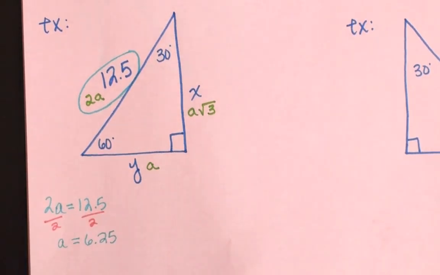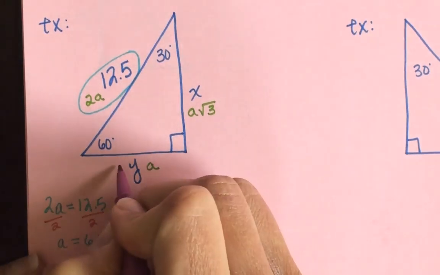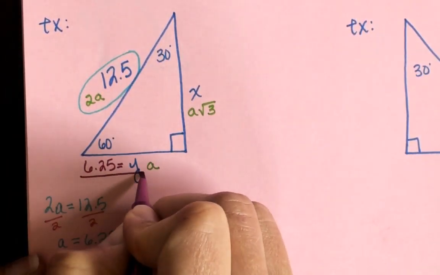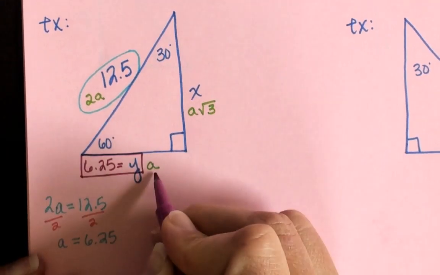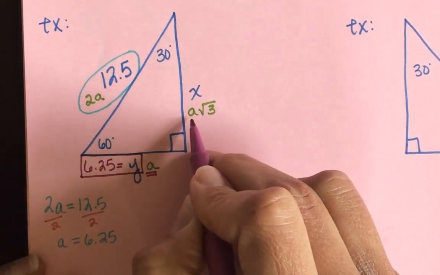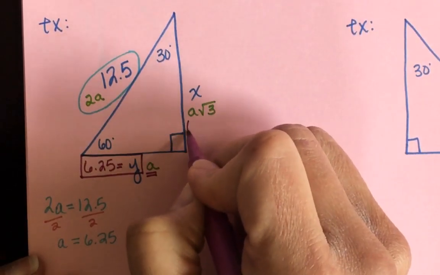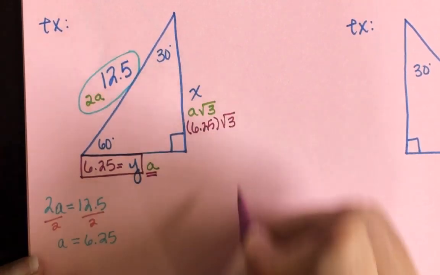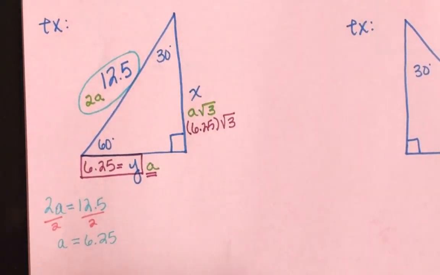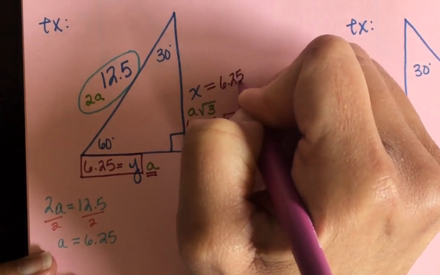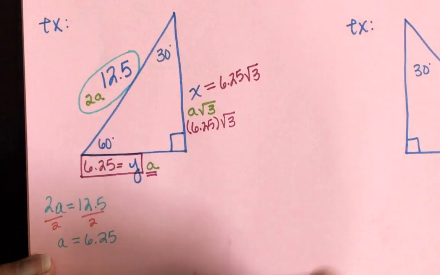So that means this side is 6.25, because that's the side with just A. And over here, we're going to plug in 6.25 with our radical 3. Nothing to do here, so this is 6.25 radical 3.